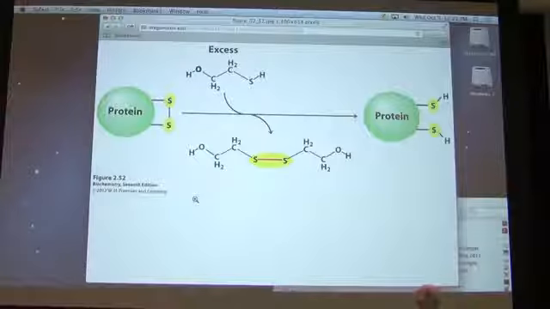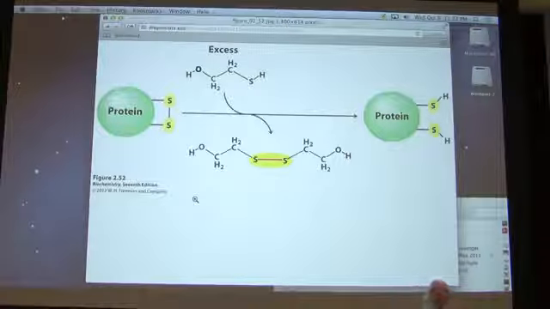This guy, which has an SH, becomes a disulfide bond, and this guy, which was a disulfide bond, becomes 2 SHs. That's possible because this guy is a reducing agent, meaning that it's donating electrons and protons to make possible the formation of the disulfide bonds.